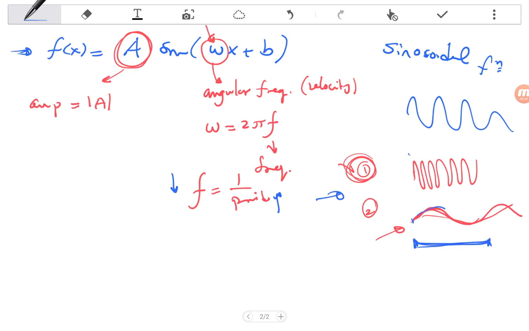In the other case, it is just this interval. Whenever you have a small period, you will have a greater frequency. They are inversely proportional. So whenever you have a greater period, you will have a lower frequency, and so on. Okay.